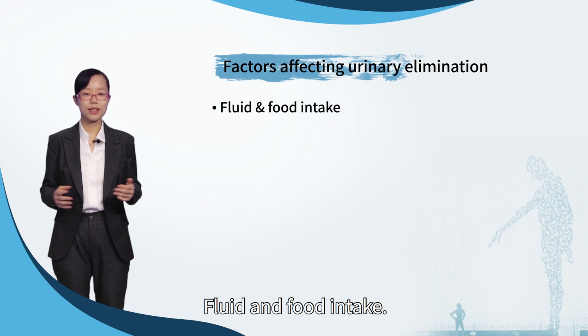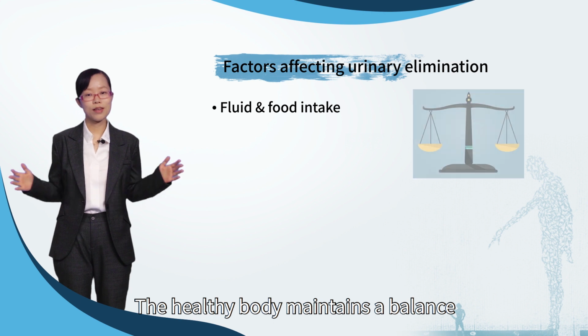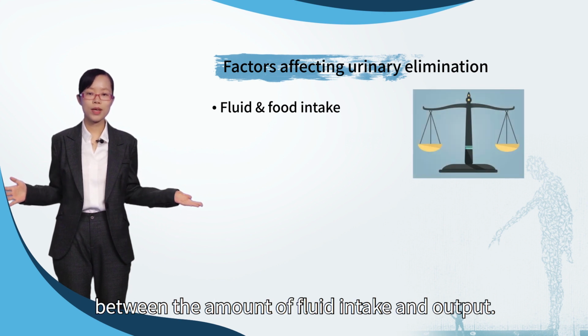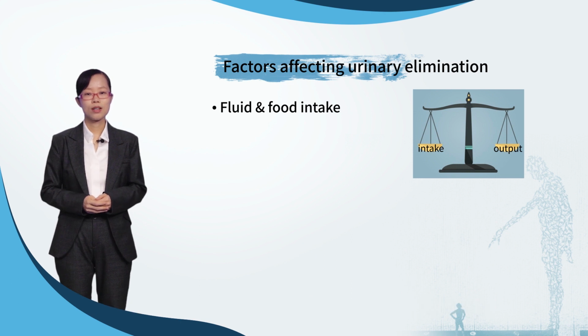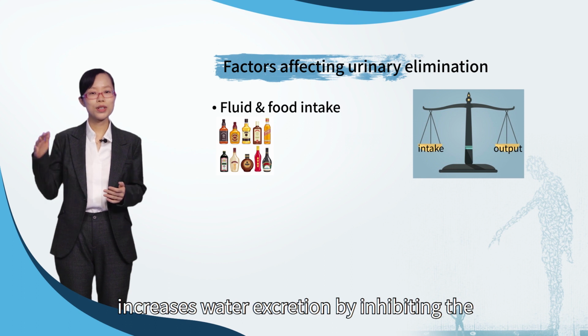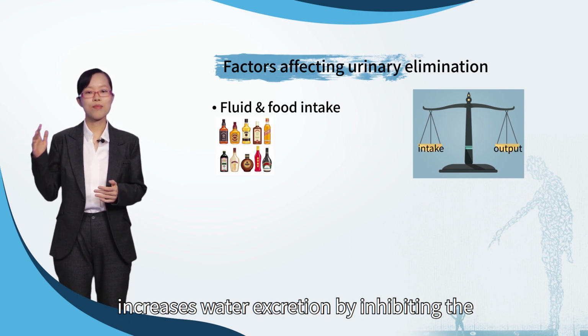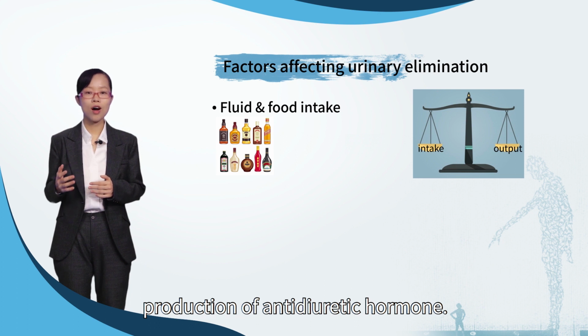Fluid and food intake. The healthy body maintains a balance between the amount of fluid intake and output. Certain fluids, such as alcohol, increase water excretion by inhibiting the production of antidiuretic hormone.